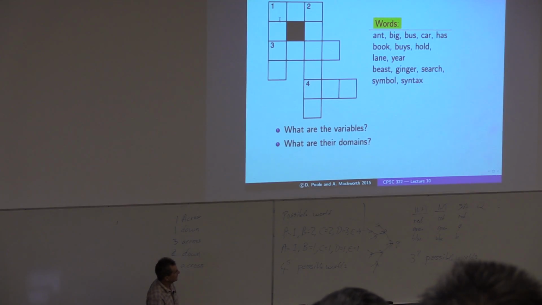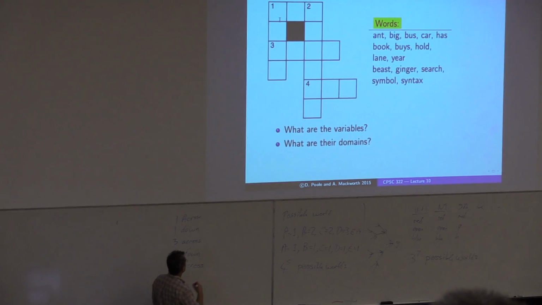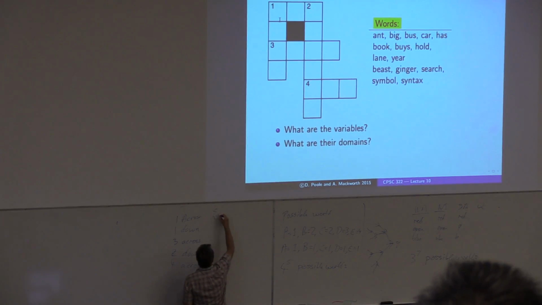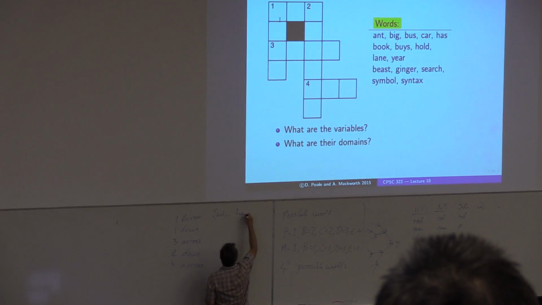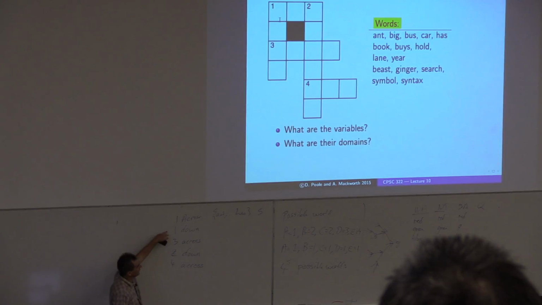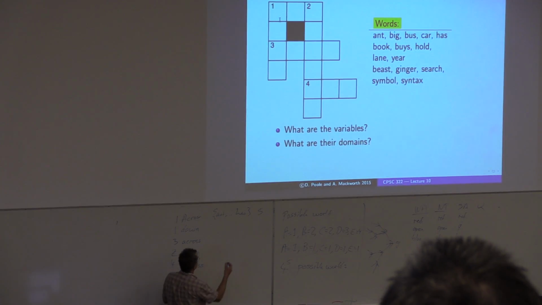So there are 5 possibilities: and, to, has, and so on. How many possibilities are there for 1 down? Are there 5? Oh, they're all 5. Okay.